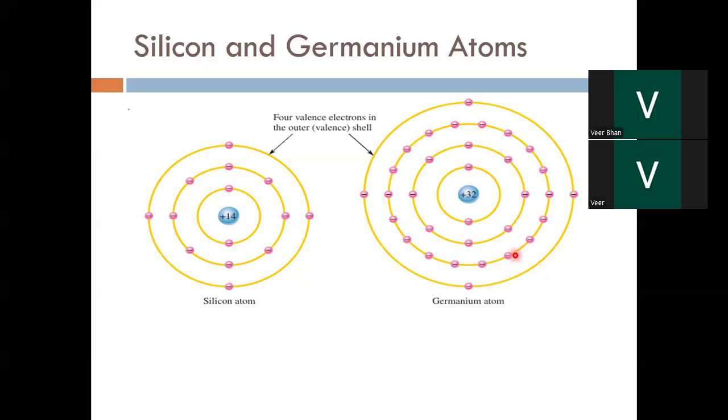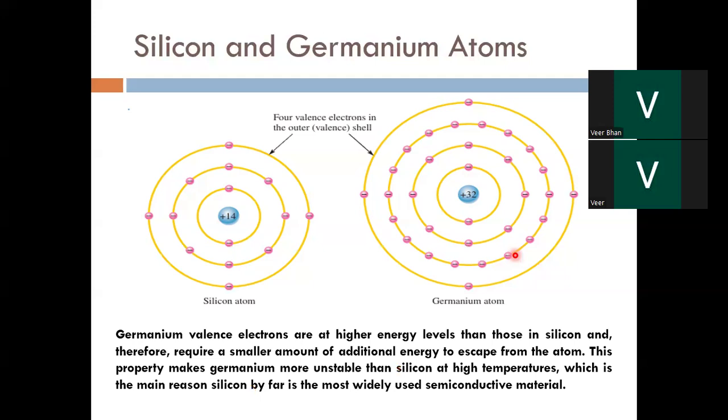Although they both have 4 electrons in their outermost shell, that is, 4 valence electrons, germanium valence electrons are at a higher energy level than those in silicon, and therefore they require a small amount of additional energy to escape or leave the parent atom. And this property makes germanium more unstable than silicon at high temperatures.